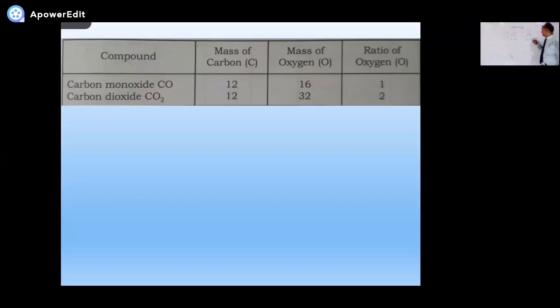So now you can see that out of carbon and oxygen, carbon's contribution is fixed, whereas the contribution of oxygen by mass is in whole number ratio: 16, 32. So this was an example from your book.